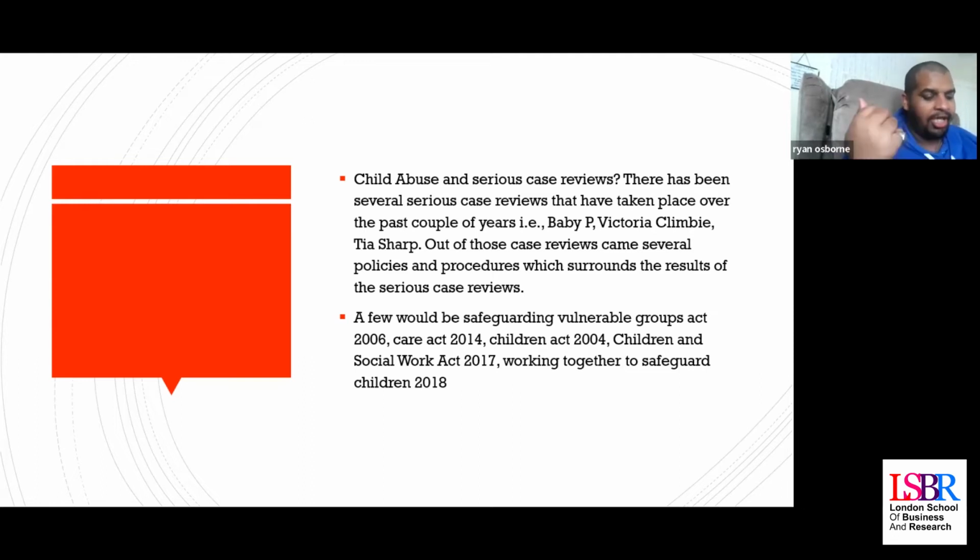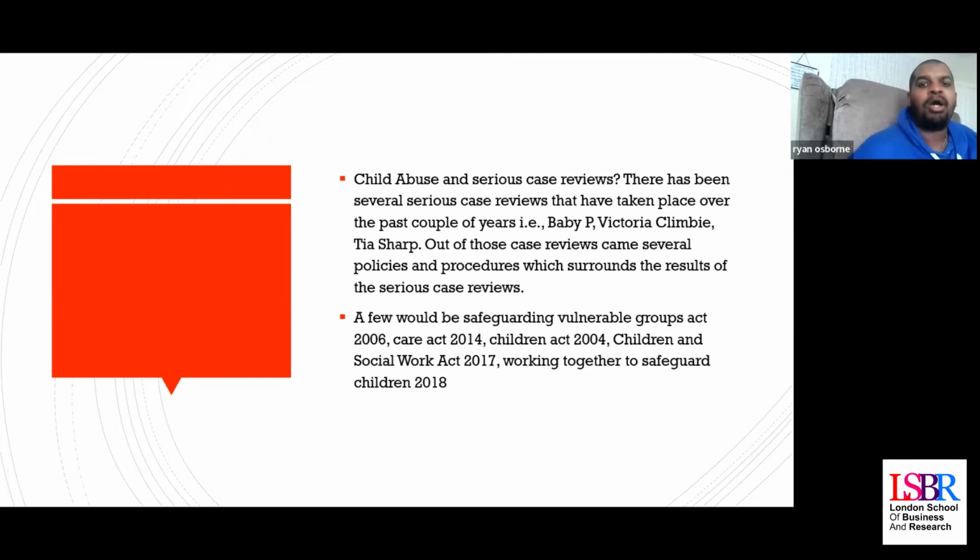It also brings together different parties and partners to improve child protection, and it helps promote safeguarding within the industry as well.